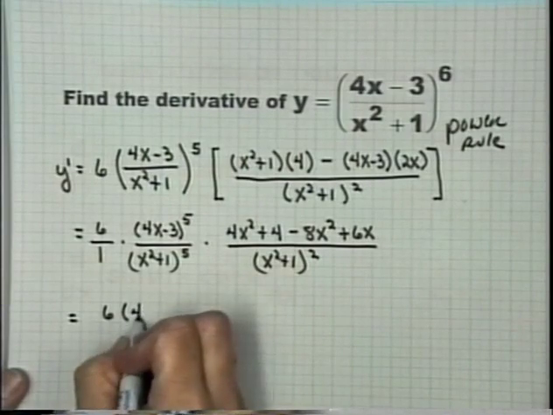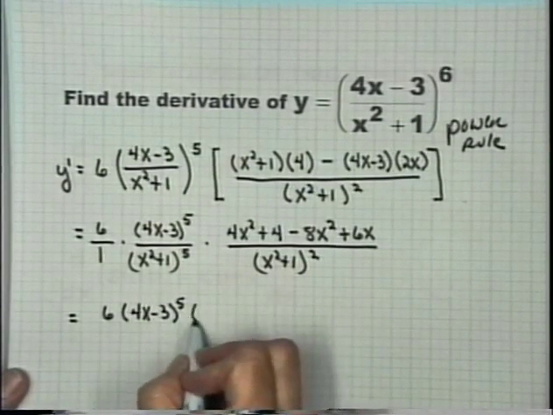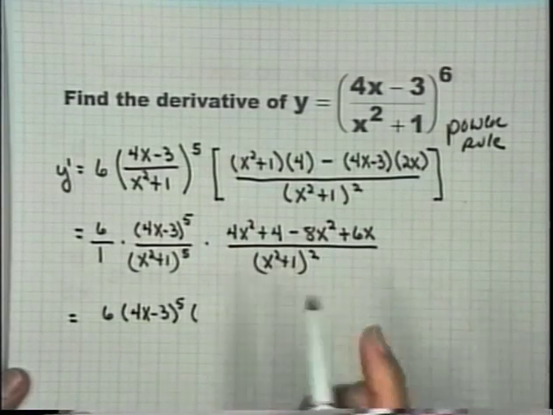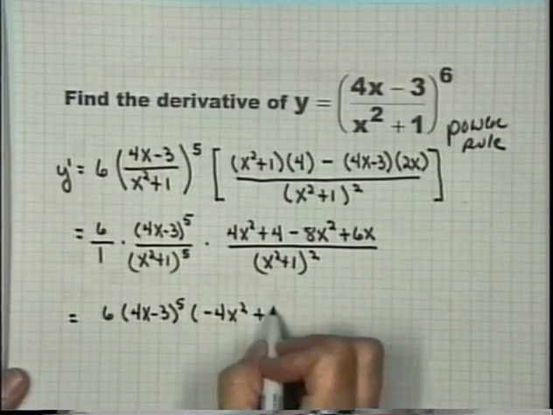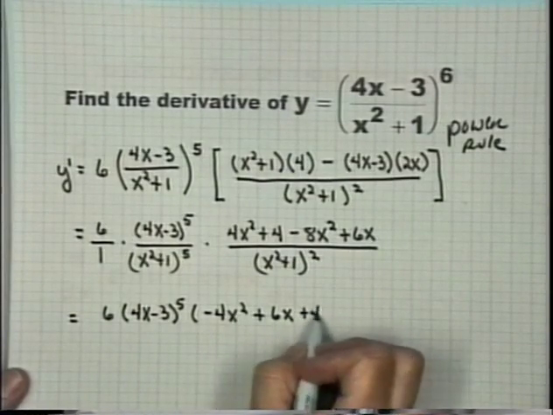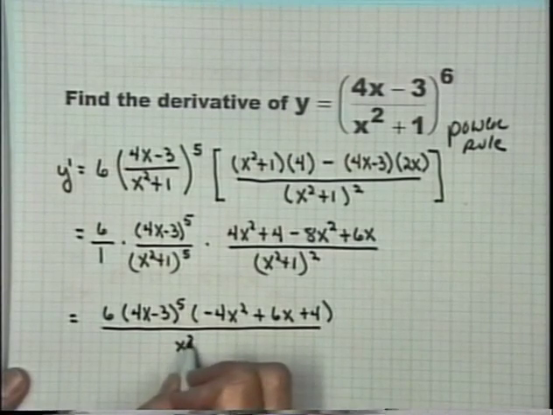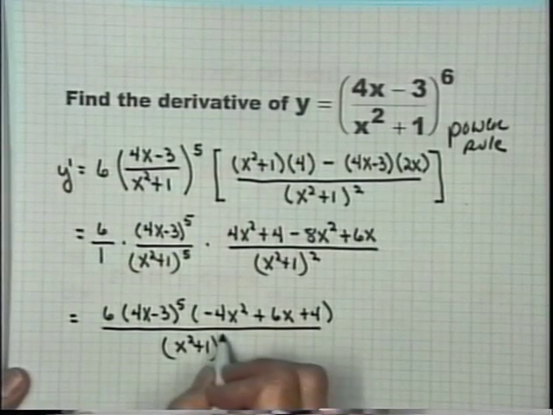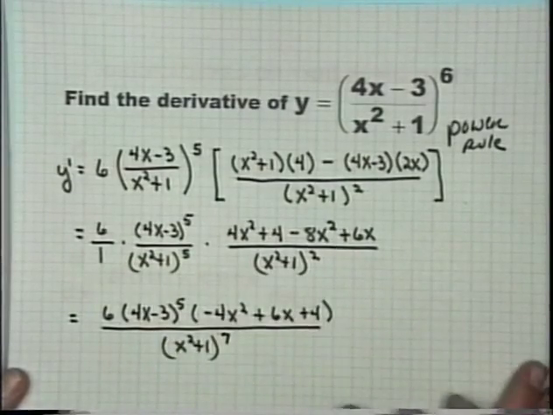6, 4x minus 3 to the 5th. Combining my like terms here, I've got a negative 4x squared plus 6x plus 4. All of this is over x squared plus 1 to the 7th power, adding my exponents, 7th power.